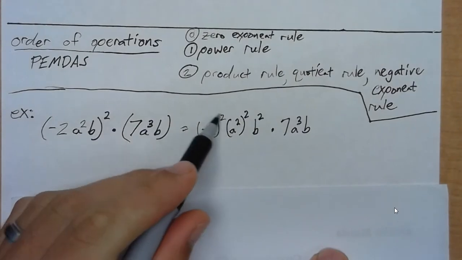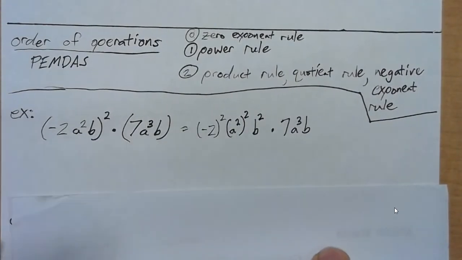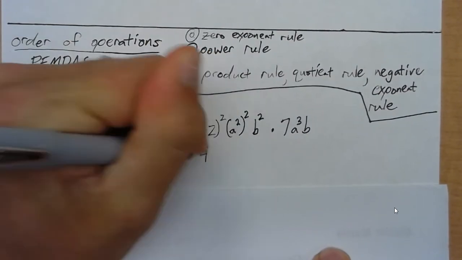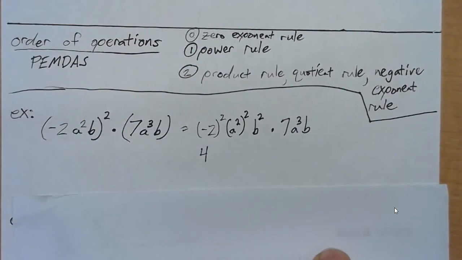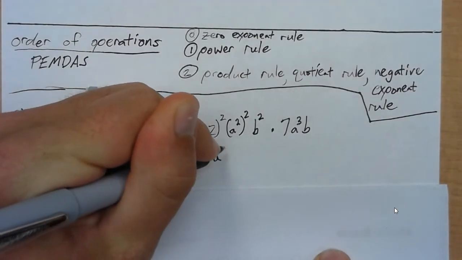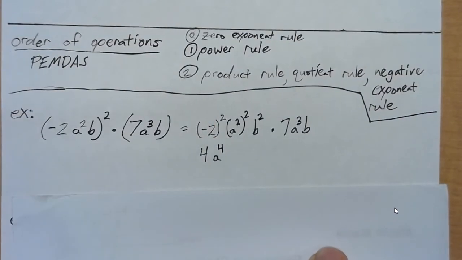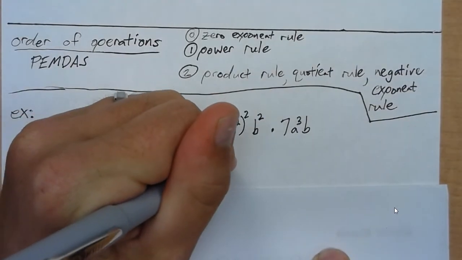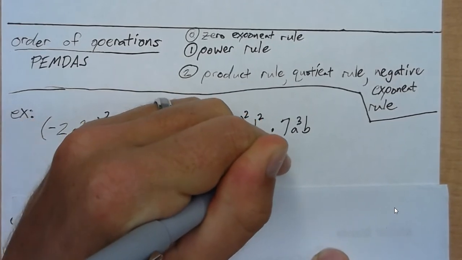So now I'm going to use these exponents here and simplify them out. I know -2 times itself is +4. A squared to the second power, that's the same as a to the 2 times 2, or a to the fourth power. B squared, and then 7a cubed b.